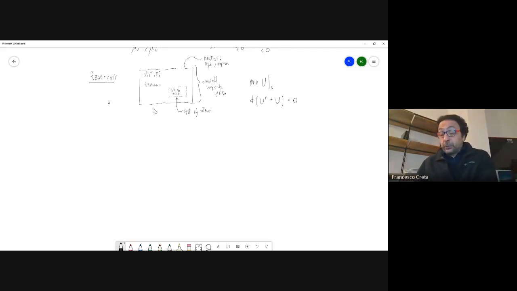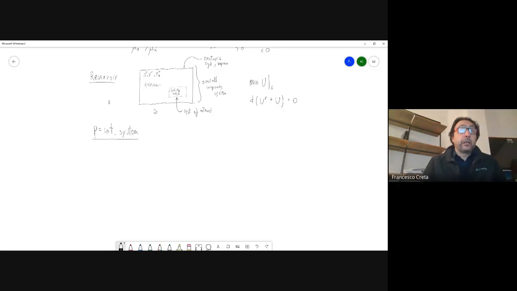So one thing that we can do, for example, is suppose that we're interested in a constant pressure system. So this system of interest we will keep at constant pressure.